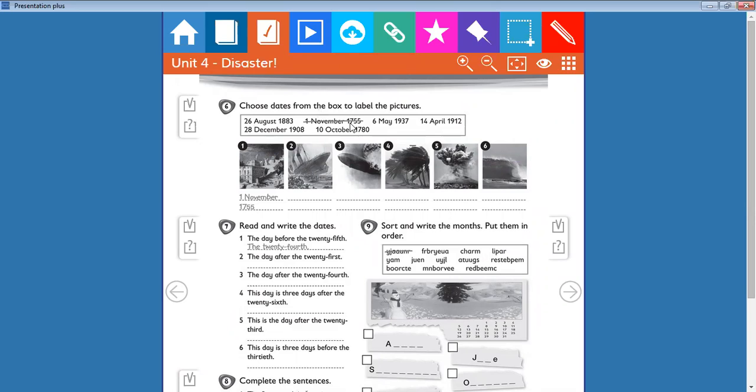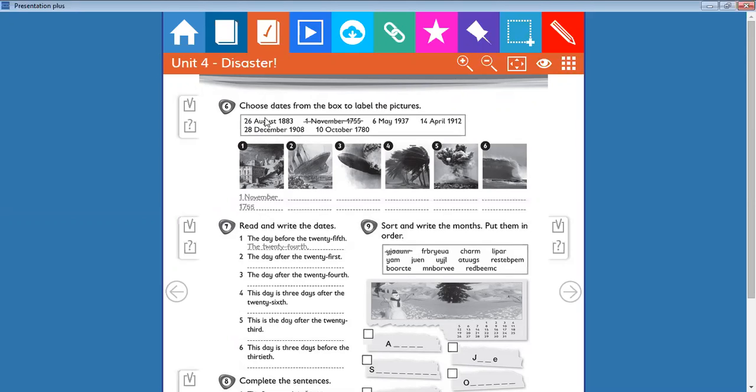So here we have the dates. In which English is this one? We have the day, month, and the year, which means it's British English. It's the 26th of August, 1883.